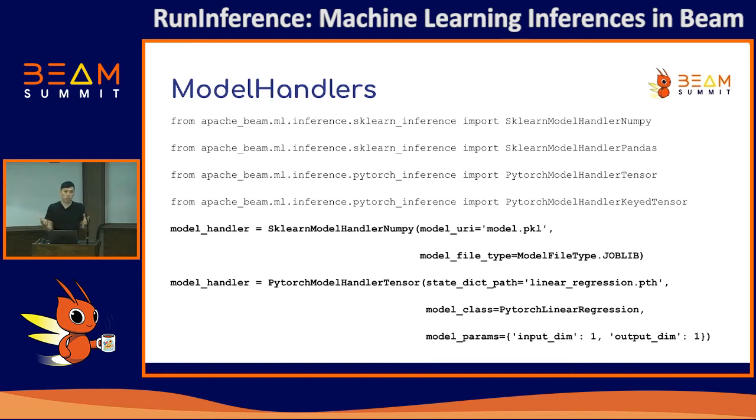Keyed tensor is just a dictionary that maps string to tensor. You will also need to specify inside of the model handlers a few parameters to help with instantiation of this model handler class. For example, the path to the pickled model for a scikit-learn model, or the path to the state dict, aka the model weights, for your PyTorch model.